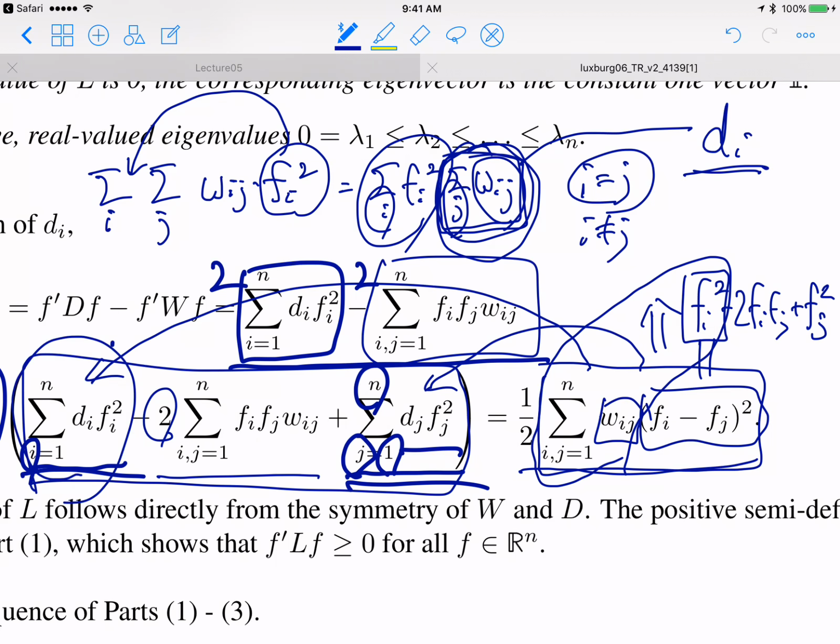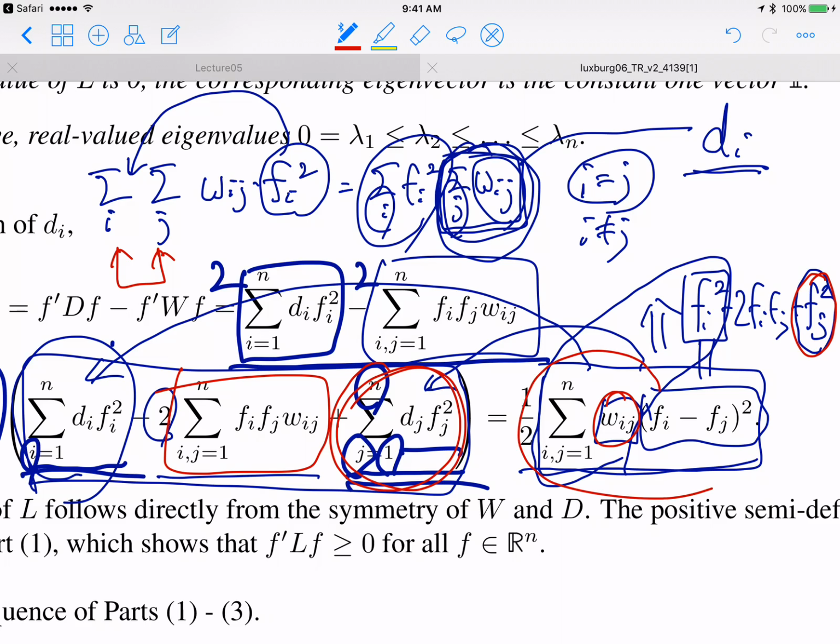Similarly, if we incorporate this part and this, and change the order between them, the resulting part will become this, and the remaining part will become this when i is not equal to j. So this part is simply decomposed into these three.